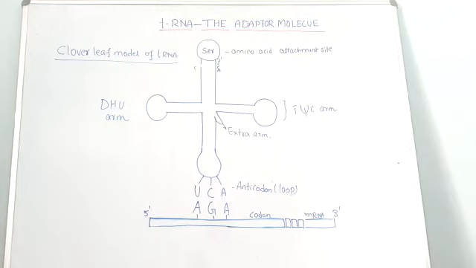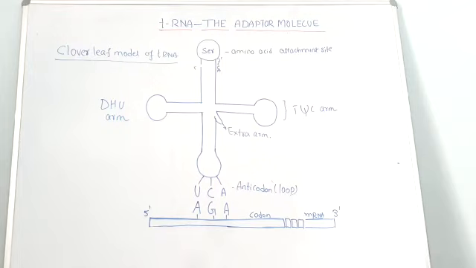Next, each tRNA binds with a specific amino acid. There are 61 codons for amino acids, and at least 61 types of tRNAs are required and found in the cell.